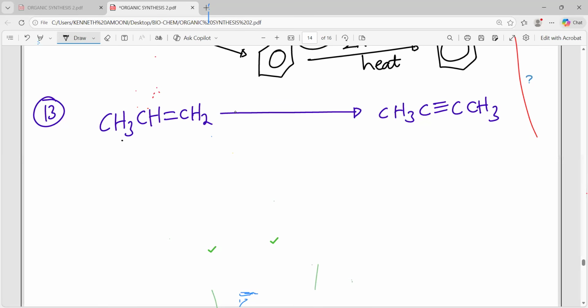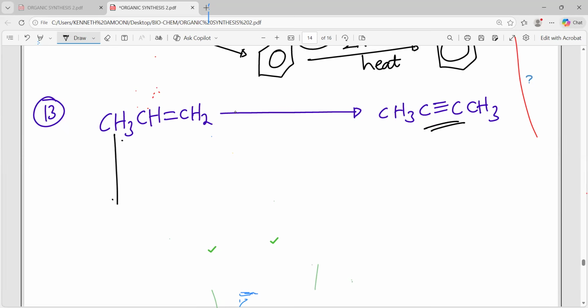So what are you going to do? I am going to involve a reaction that helps me to increase the carbon chain. Obviously here the final product is an alkyne, so I'm going to use the reaction of alkynes with sodium to be able to increase the carbon chain.